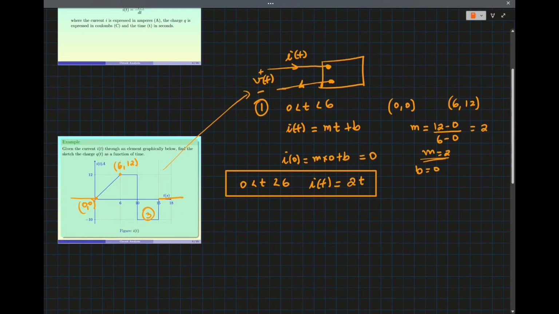Now let's do section 2. This point is (10, 12). For section 2 we have 6 less than t less than 10, and I of t for that section is constant, so it's 12 amps.